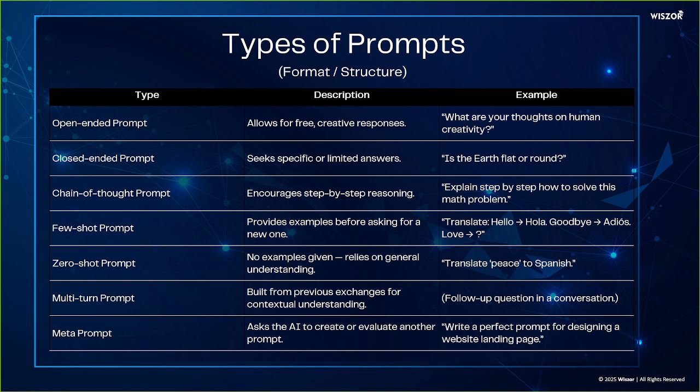The second one is the close-ended prompt, the simple reverse of the open-ended. Close-ended means you give some instructions and seek specific or limited answers. Here I give an example: is the Earth flat or round? That's a basic example. Previously we discussed, right? I want you to write a paragraph about climate change, as reported in the year 2025 in reputed academic journals, in 1,000 words, or maybe 500 words.